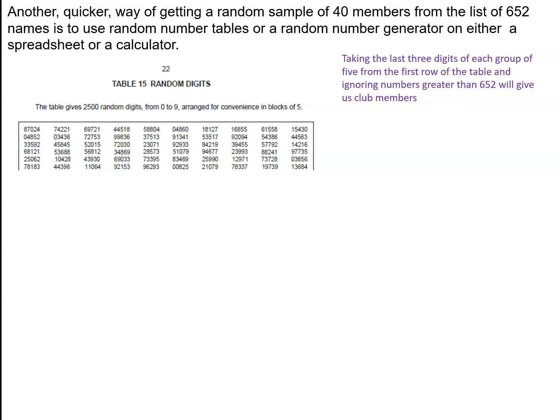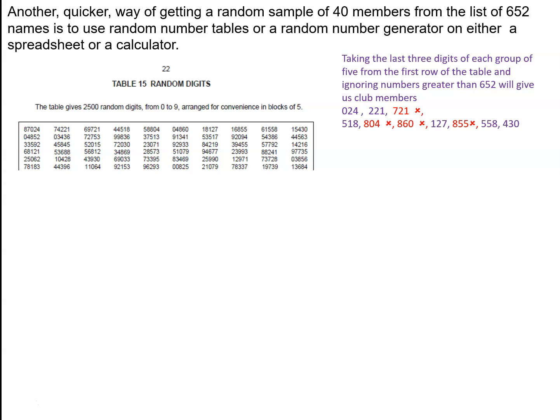So the first number will give us the member whose number is 024. The second number, 74221, will give us the member whose number is 221. The third number is 721. Well, there isn't a member 721, so we've got to ignore that one. And the fourth number will give us the member whose number is 518.